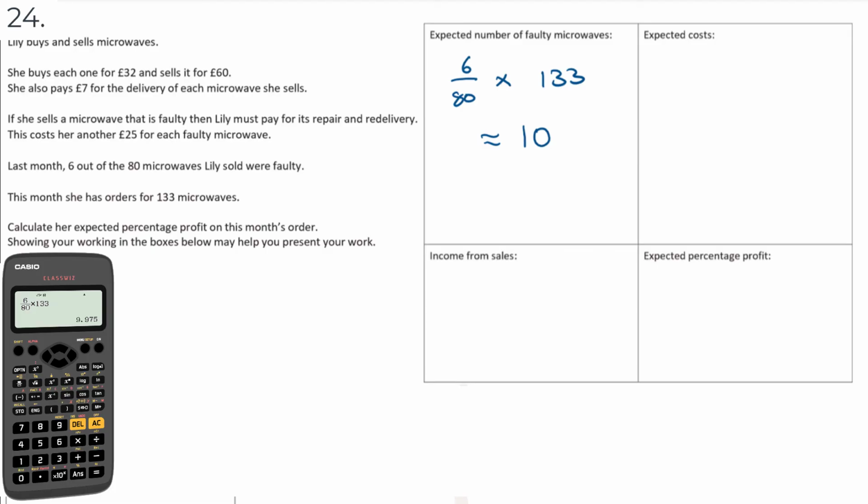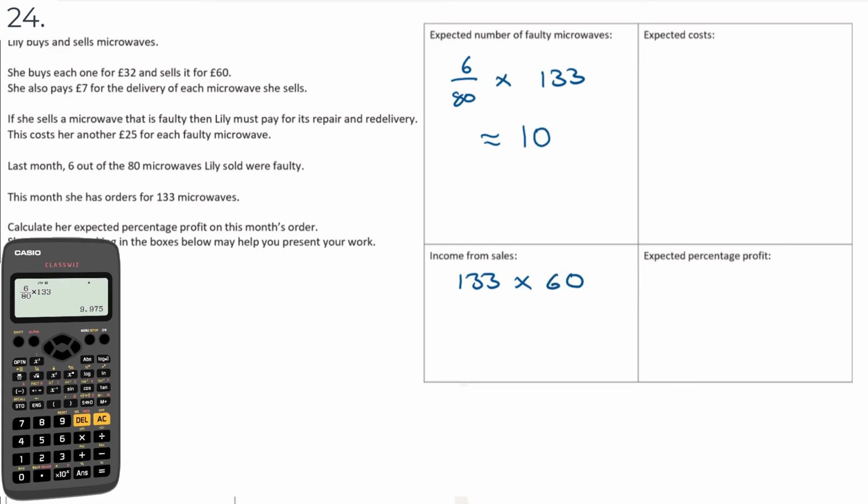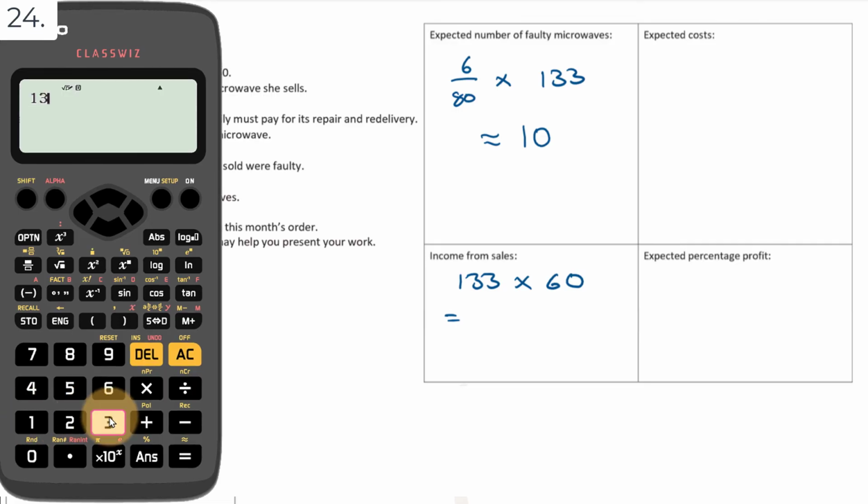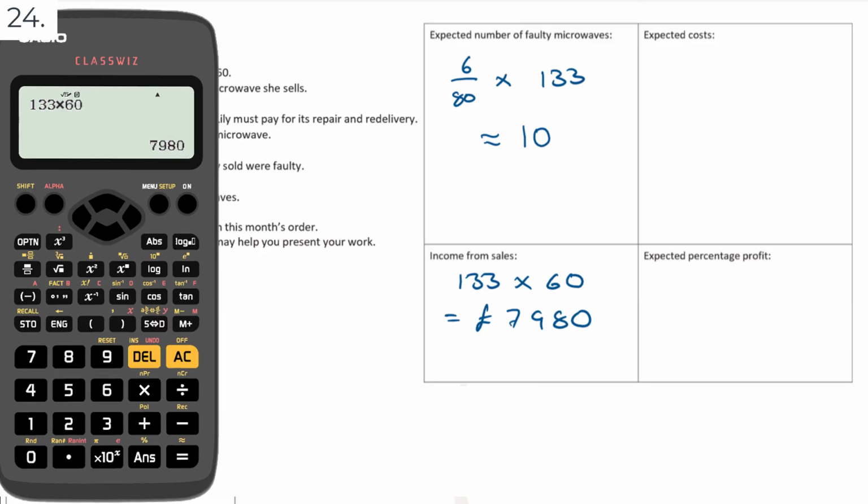But for income, it's just the number of microwaves that she has sold times the amount that she's getting for each sale. So it's just 133 times 60, isn't it, for now? So 133 times 60, that means she's got £7,980 coming in just in sales. So that's her sales.